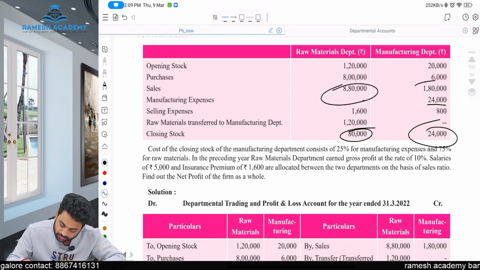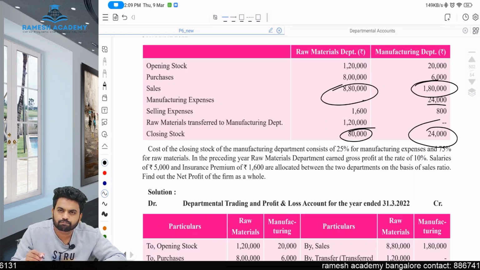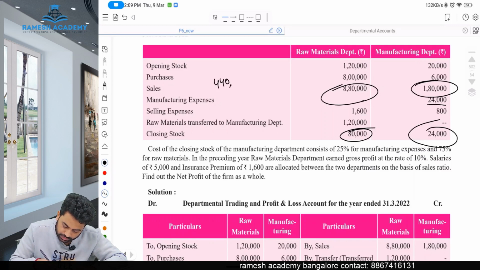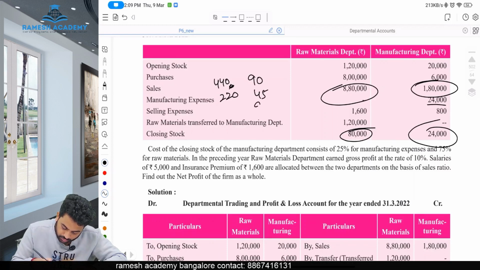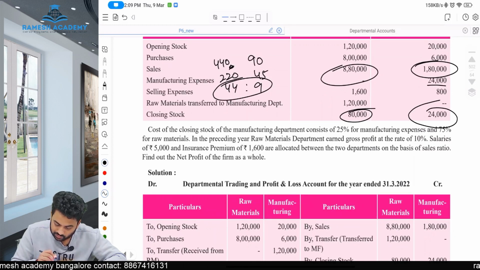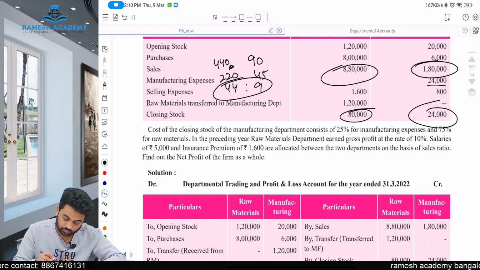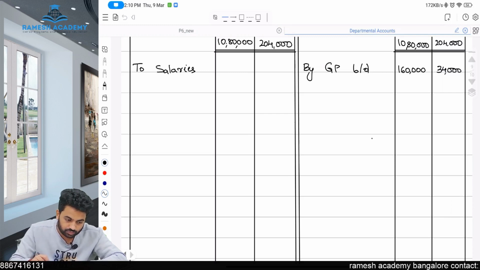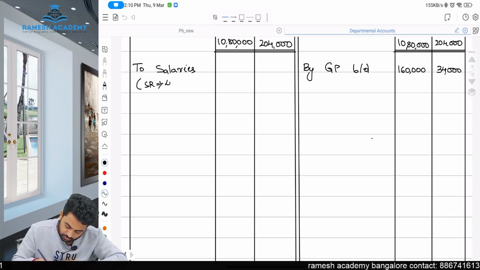It is 880 and 180, which is basically 440 and 90, 220 and 45, so 44 to 9. 44 is to 9 is the ratio, no? Sales ratio is 44 is to 9.